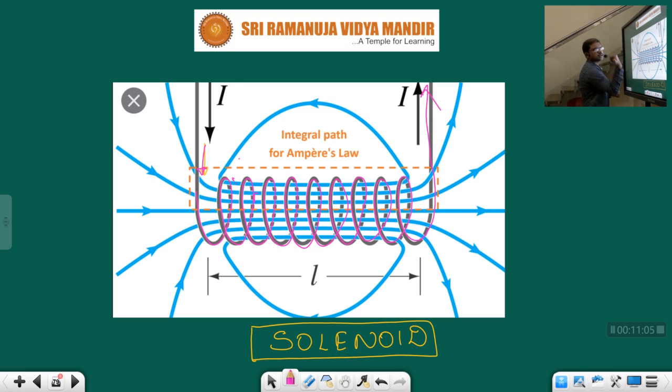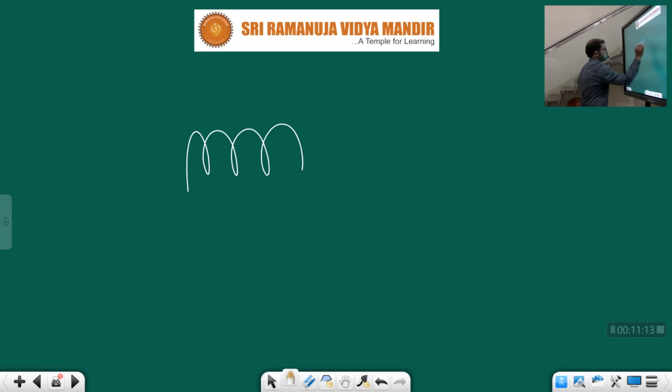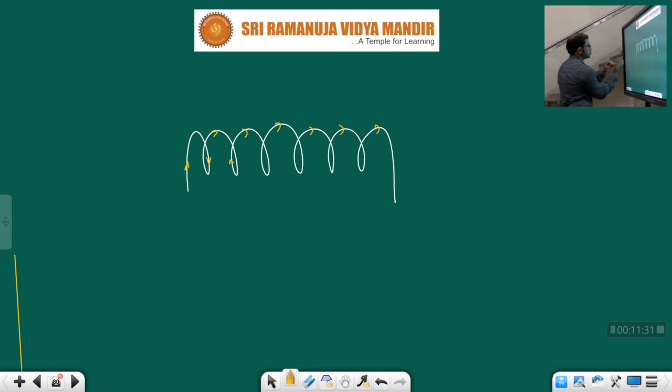Here we can use the right hand palm rule. Observe, children, the current direction is inward. This is the wire, and like this the current is moving, which means this direction represents the direction of magnetic field.